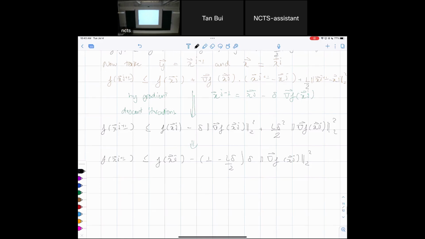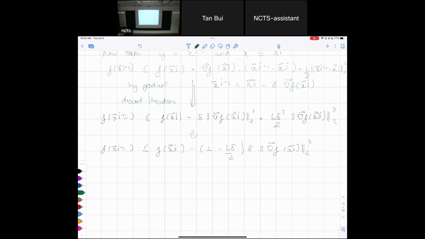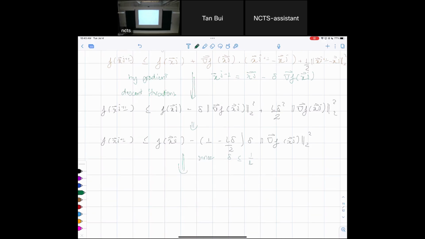Then let us continue. Notice that since we assume that our fixed step is less than or equal to 1 over L, we have that minus (1 minus L delta over 2) is less than or equal to negative 1 half. Check on that, please.